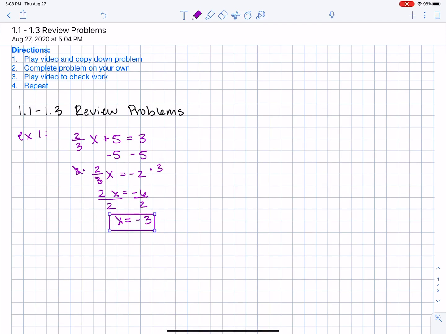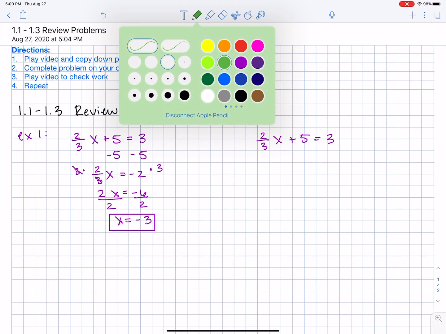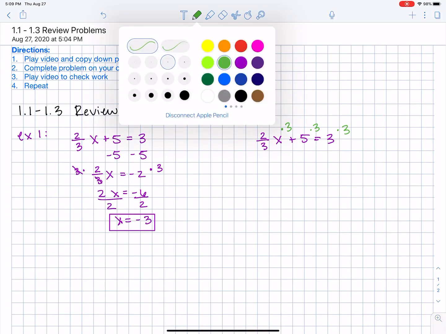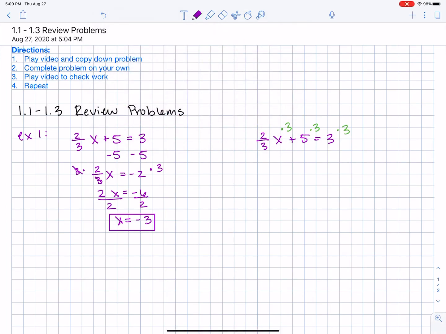So I'm actually going to go to the side here and rewrite this problem. 2 over 3x plus 5 is equal to 3. What we love about these problems is that you can fraction bust and solve a different way. Some of you might have seen it as a fraction and wanted to fraction bust this. If you do that, you get 2x plus 15 is equal to 9.